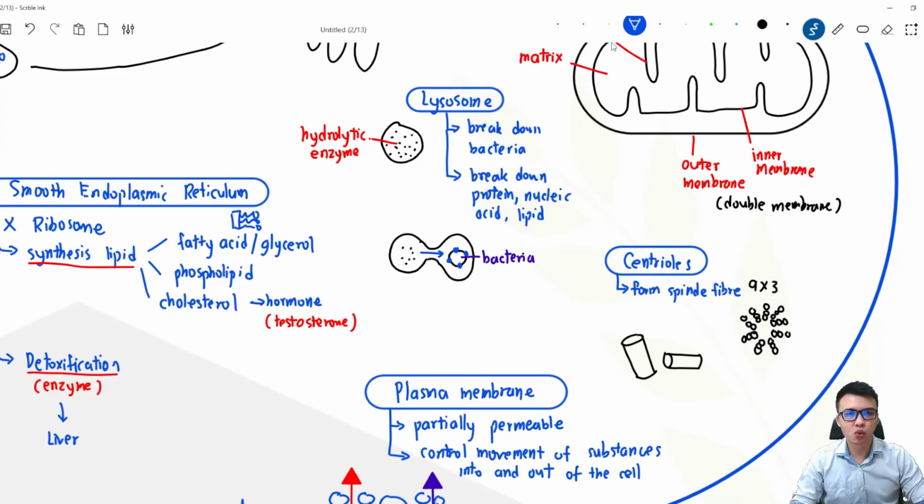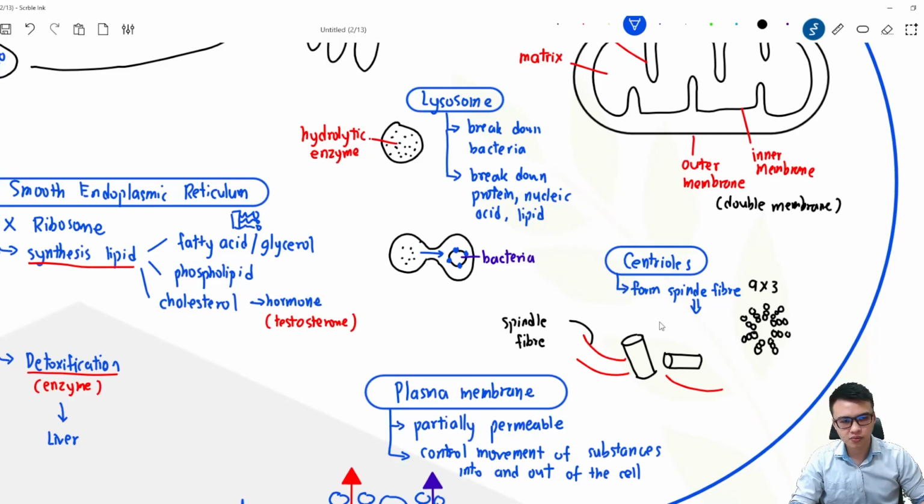Spindle fibers are a very important structure that is very useful in cell division. Okay, they are able to form a string-like structure like this. This thing is called a spindle fiber. Why do they want to form the spindle fiber?